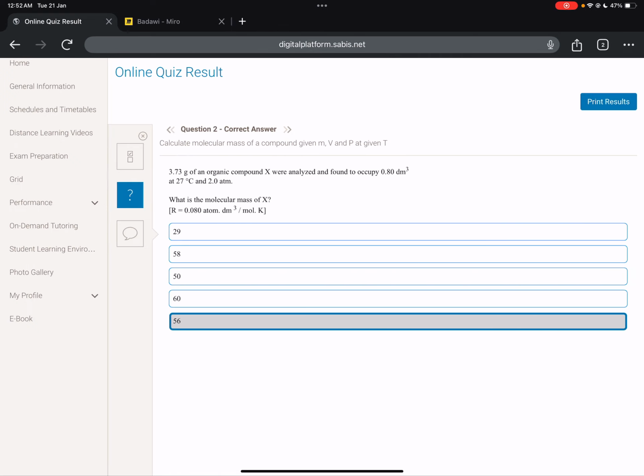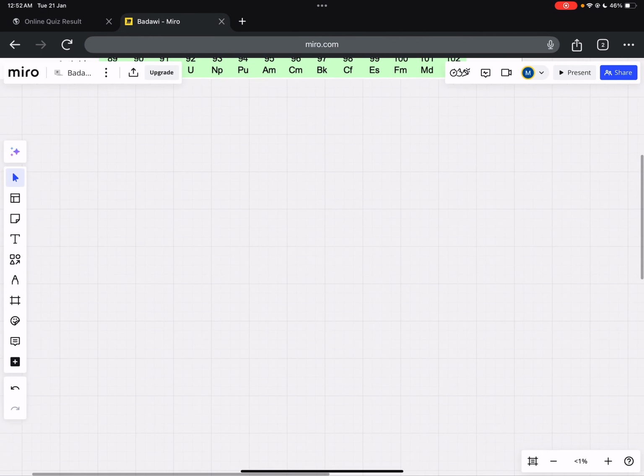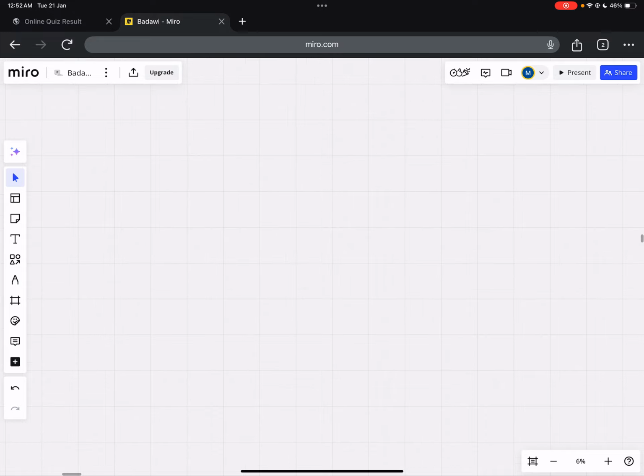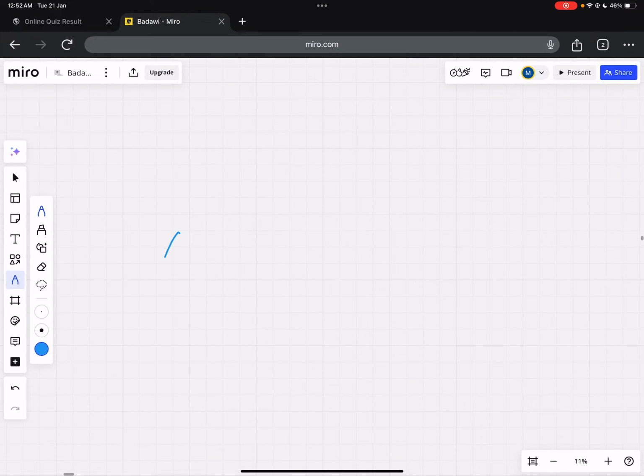3.73 grams of an organic compound X were analyzed and found to occupy 0.8 decimeters cubed at 27 degrees Celsius and 2 atm. They're asking for the molecular mass. So first step, I will write my given. Let's go back. The pressure was 2 atm, volume was 0.80 decimeters cubed.